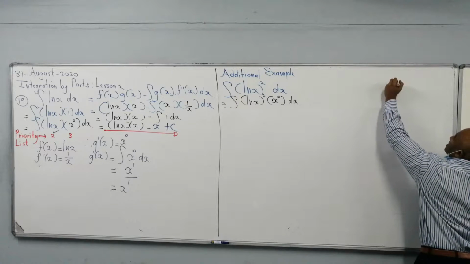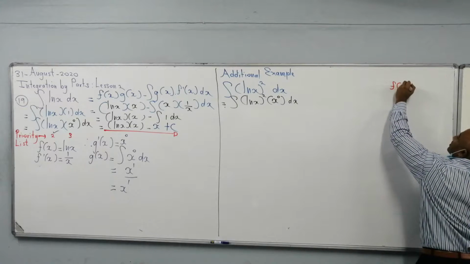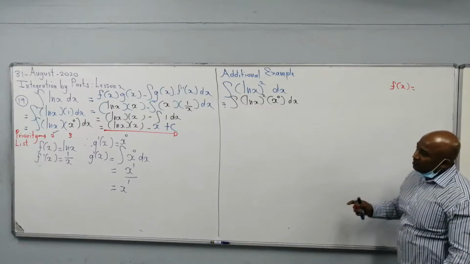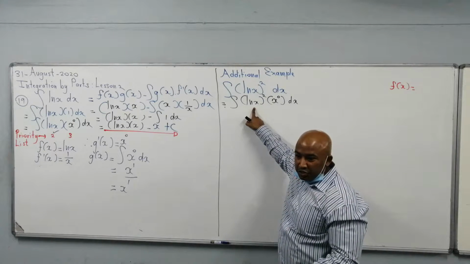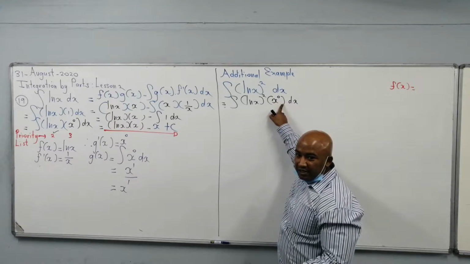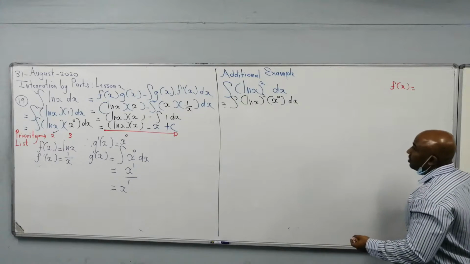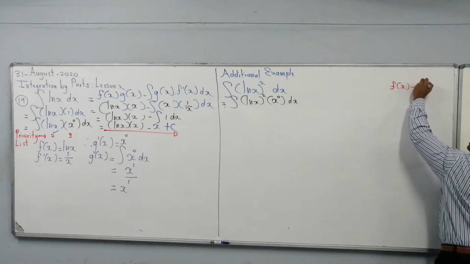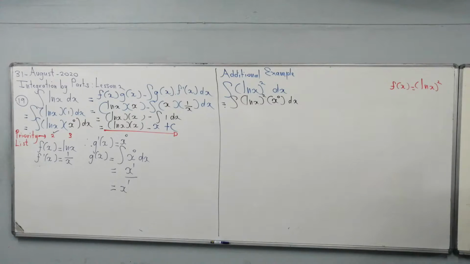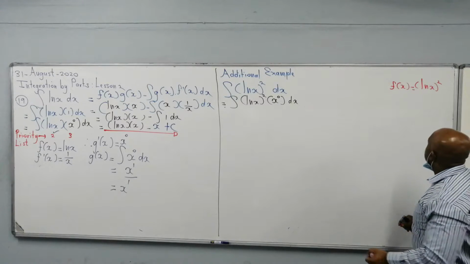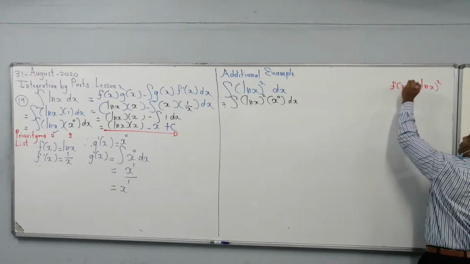So, my f of x is, again, I don't have to mention the priority list. You know that ln is number 2 from the priority list, and this is number 3. So, therefore, f of x will still be ln x, but this time it's squared. Right, that is my f of x.